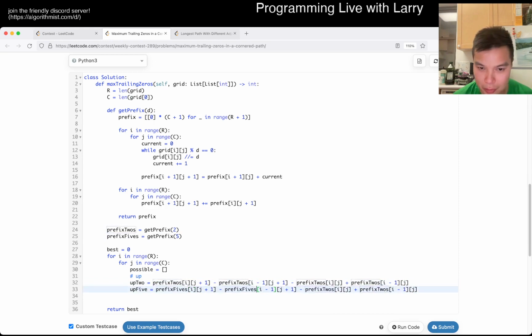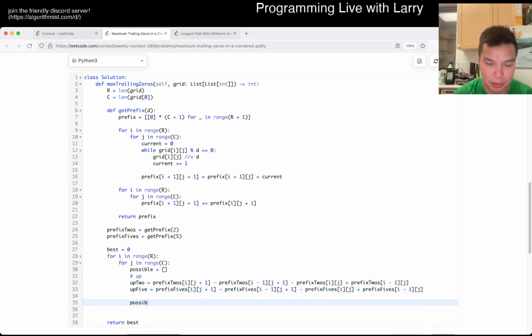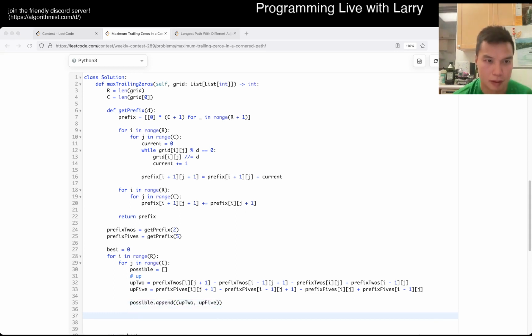I do really want to make this a helper function, and this may be a premature optimization, but I feel like that's what I needed to do.